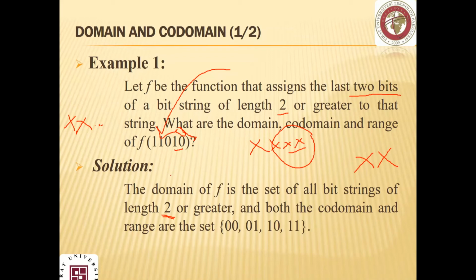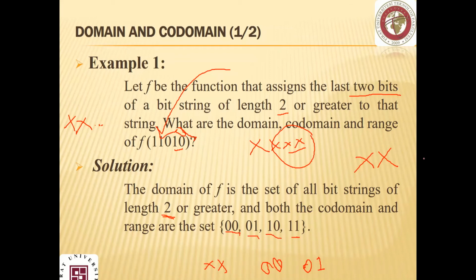But in any other case, if you provide input in general, what kind of possibilities do we have? These possibilities can be referred to by xx. Xx means they could be 0 0, all possibilities, then 0 1, then 1 0, then 1 1.